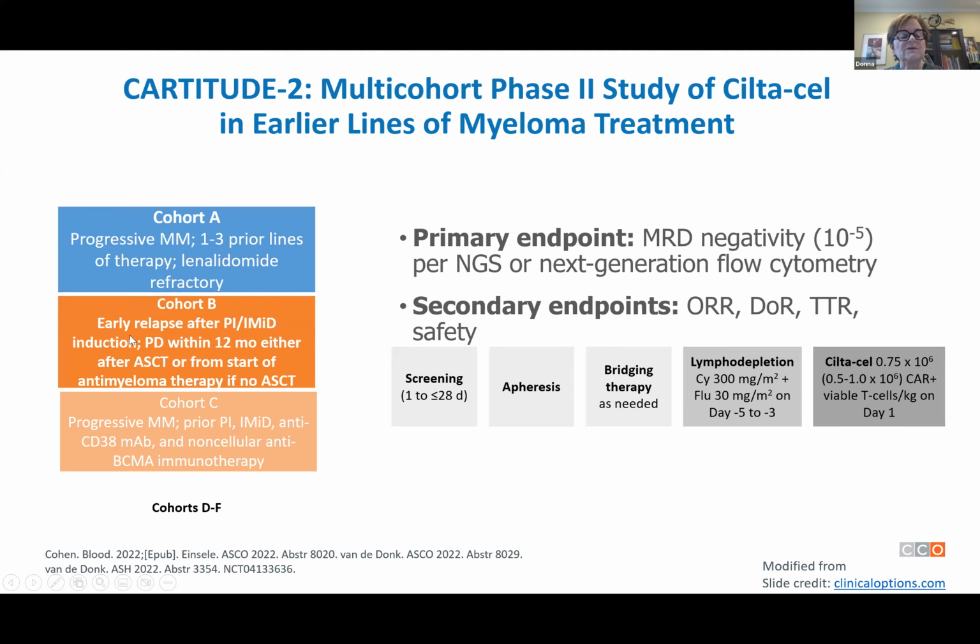Their cohort B was a bit like the early relapse group for ide-cel. These were people who'd had a PI and IMiD, like RVD, induction, and then relapsed within a year of a transplant, not 18 months. And they included non-transplant patients who had RVD and progressed within a year.